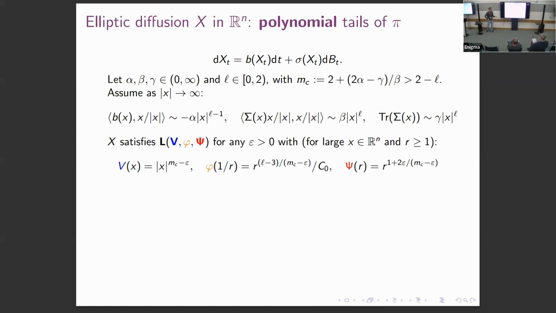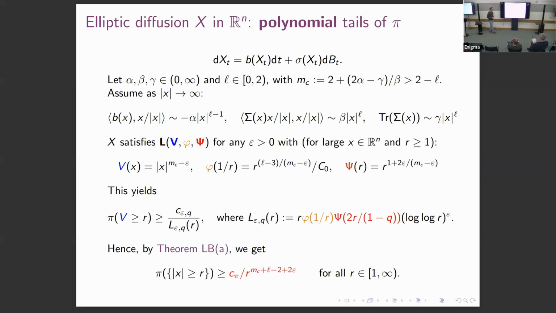And this is very easy to check because it really just amounts to simple differentiation, because the function 1 over v is actually going to be bounded. In our case it is, in some sense, even easier to check than the upper bound condition. And from these three functions, we can construct a lower bound on the tail of the invariant measure, where here we have the explicit formula for the function we saw on the previous slide.